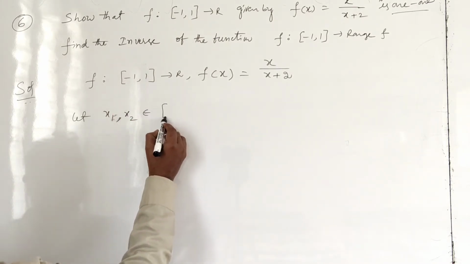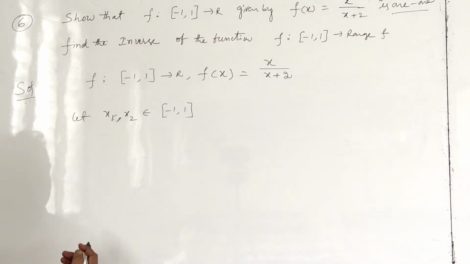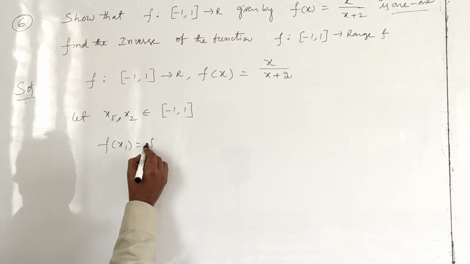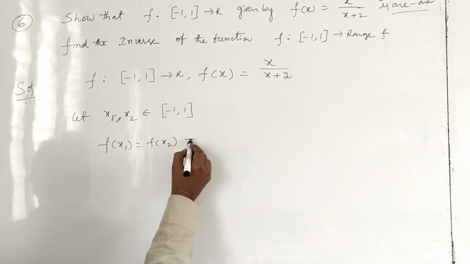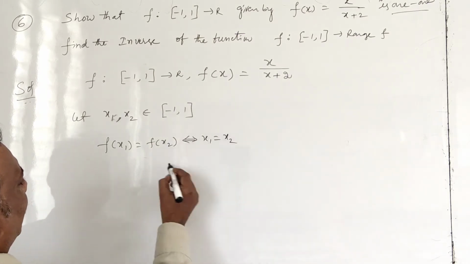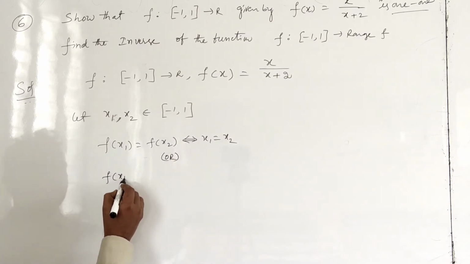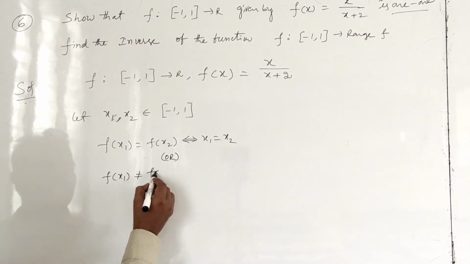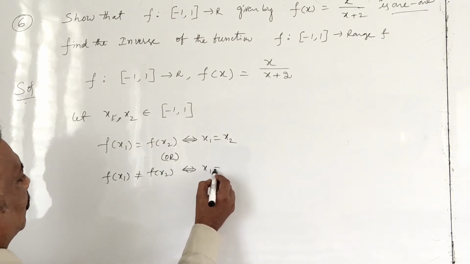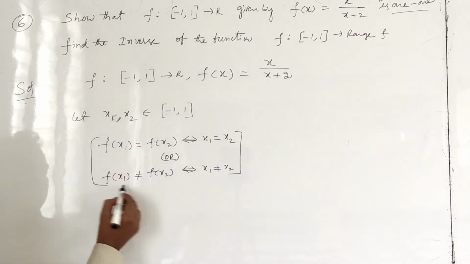What is the domain here? -1 to 1. What we have to prove, students? f of x1 is equal to f of x2 implies x1 is equal to x2. This is one way. The other way is f of x1 is not equal to f of x2 implies x1 is not equal to x2. So you can choose any one out of these two.